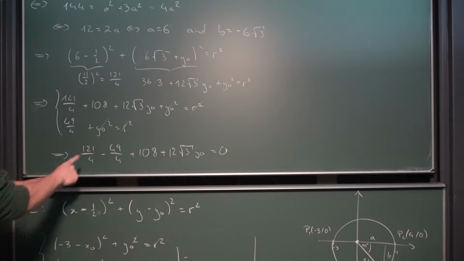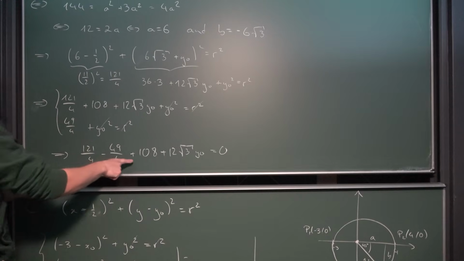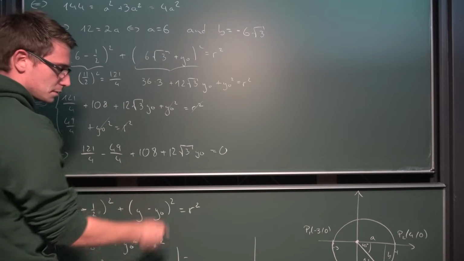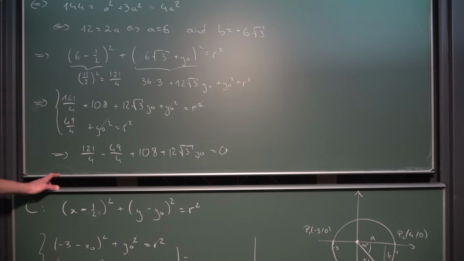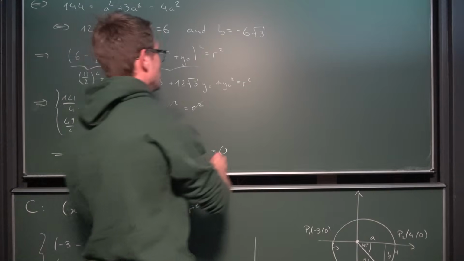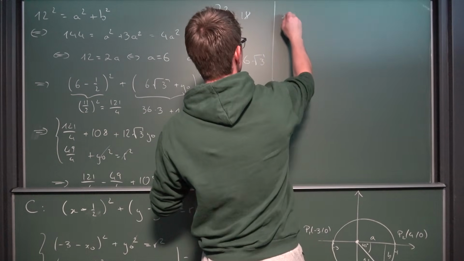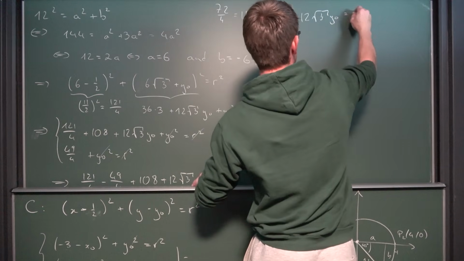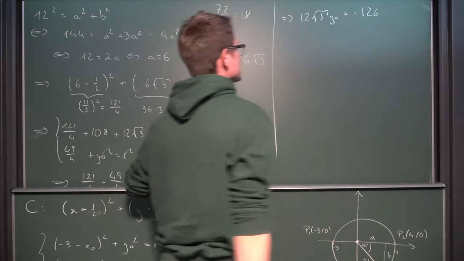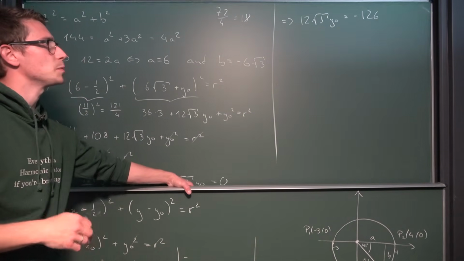Okay, so this part right here is 18 plus 108 is 126. So we get 12 square root of 3 y naught is equal to negative 126. I mean, 120 is divisible by 12.